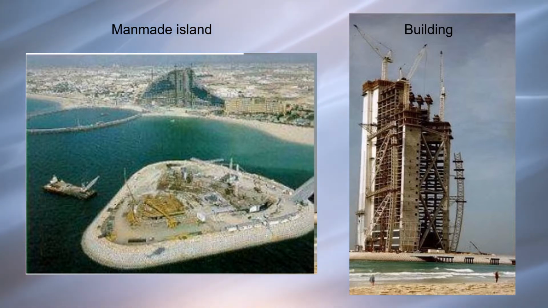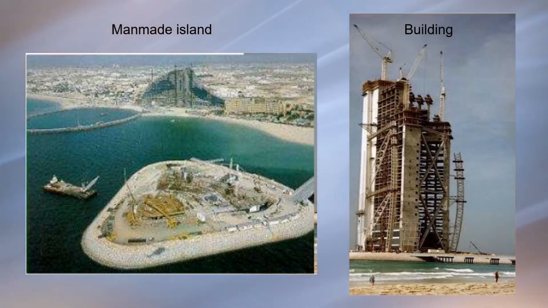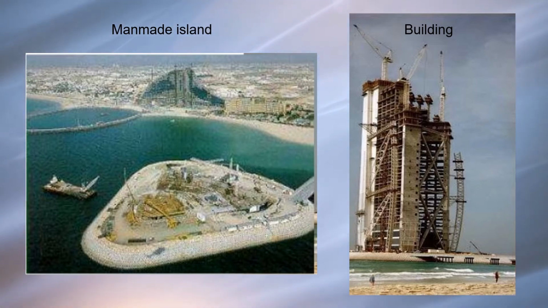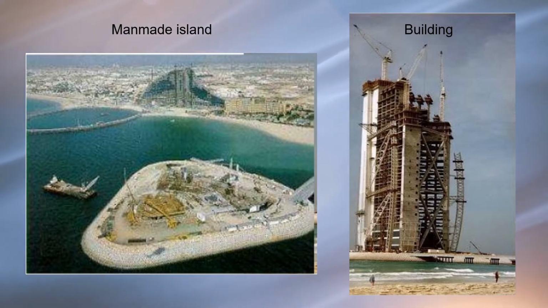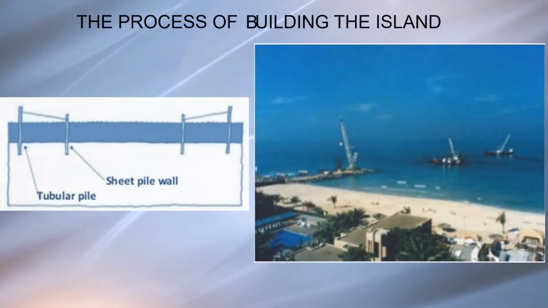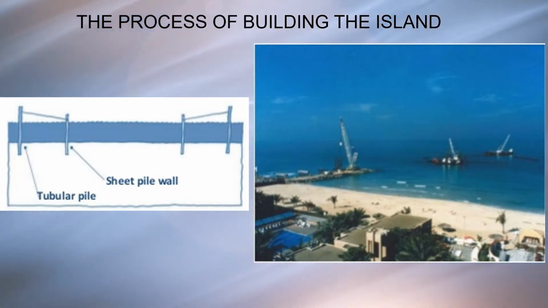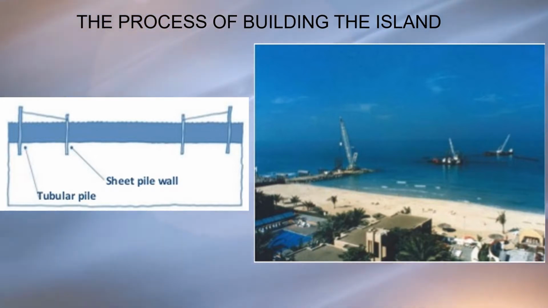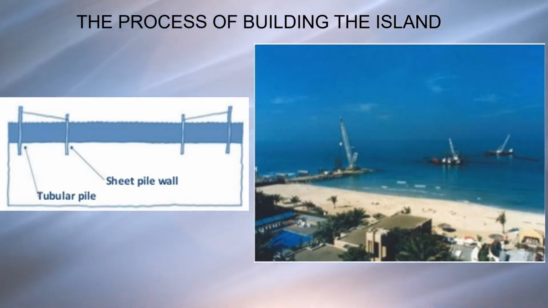The construction comprises 2 main phases. Number 1, the main island, and number 2, the building itself. The process of building the island. First, temporary tube piles were driven into the seabed.